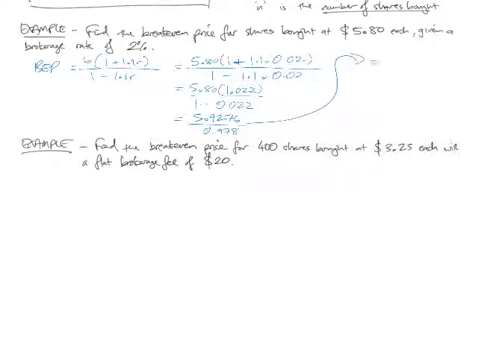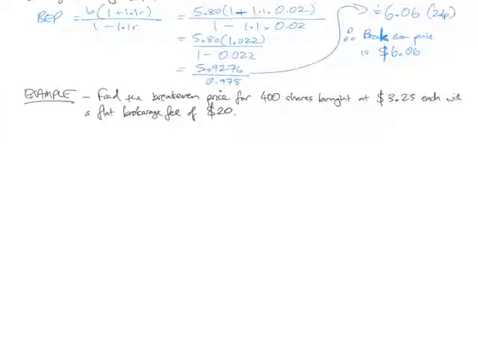Finish the solution up here: 5.9276 divided by 0.978 is 6.06 to 2 decimal places. So answer the question: therefore, the break-even price is $6.06. Alright, so that's the first, more difficult formula.